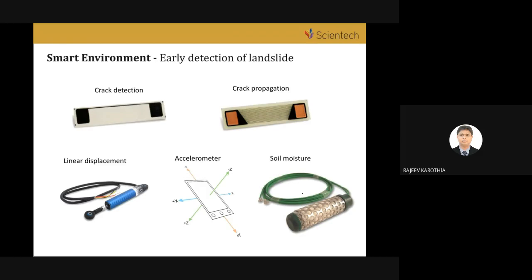Like a crack detection sensor, a crack propagation sensor, a linear displacement sensor, an accelerometer will play an important role, and a soil moisture sensor. You can utilize these sensors to make an early detection of landslide application, get data, and design your own algorithms to generate events or alarms. So these are the sensors we can use to make smart environment applications.